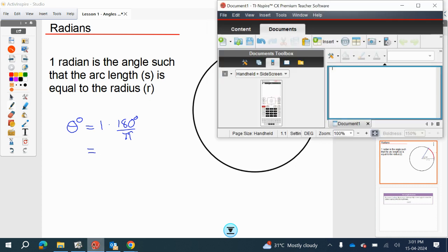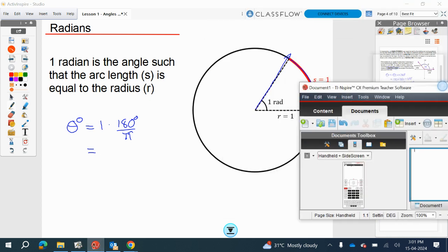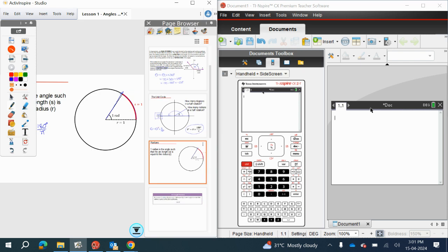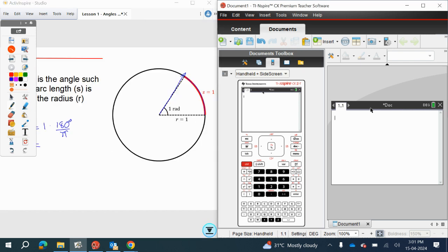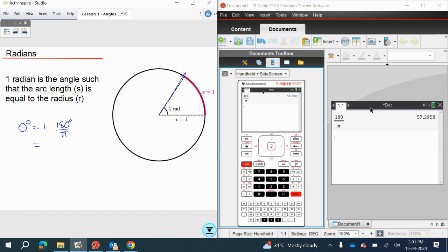Let me pull up my calculator on that one. We want 180 divided by pi, 57.29. So that is going to give us 57.3 degrees.